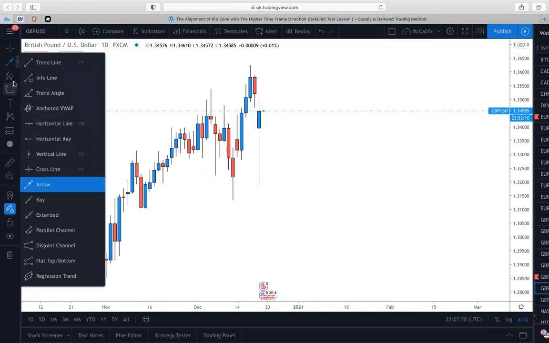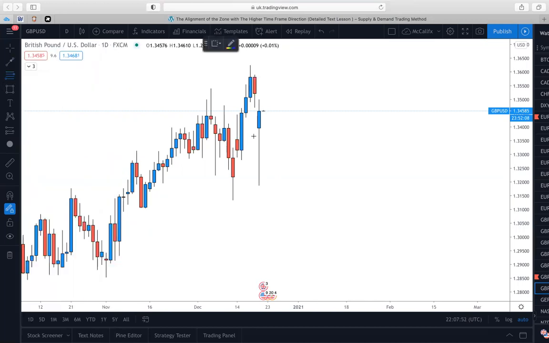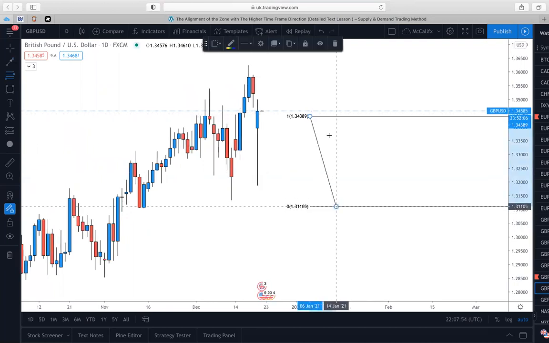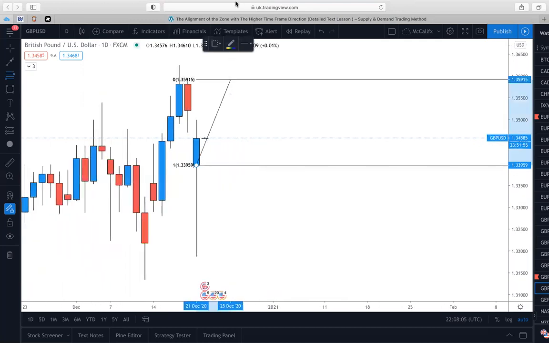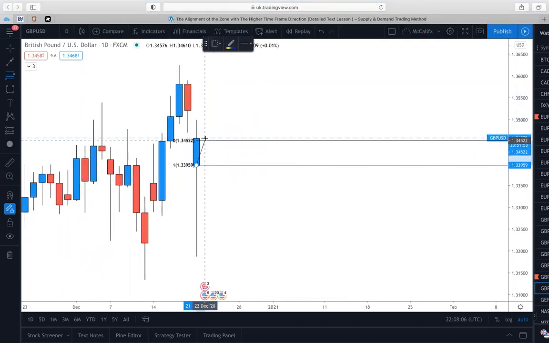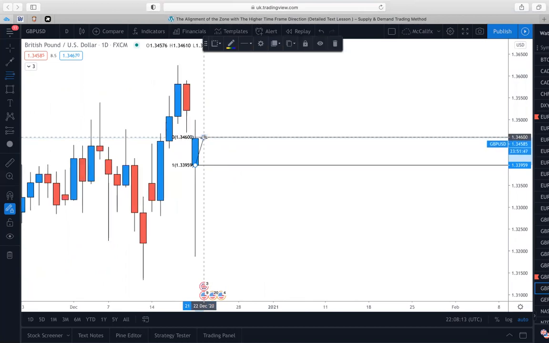So this is what you do. You take your Fibonacci retracement tool. You put the first one on the body, like this. And then the next one is going to be on the opening price of the candlestick that opened for the next day.